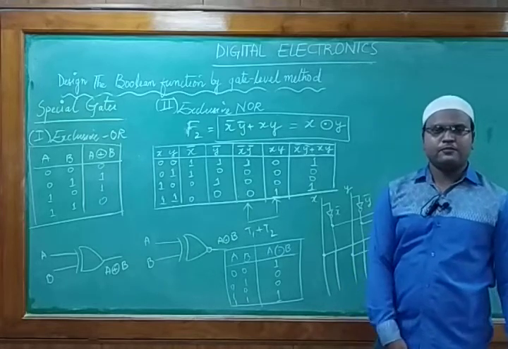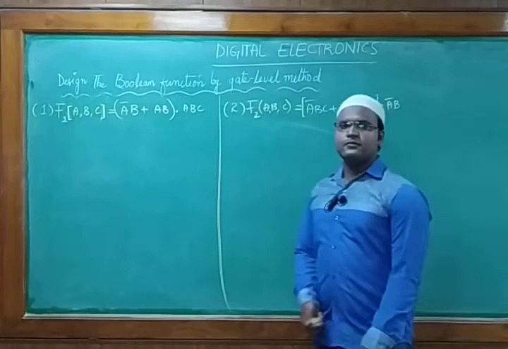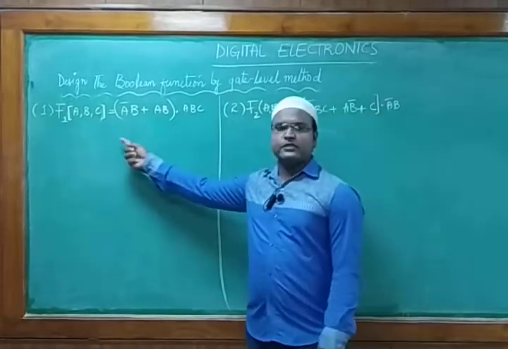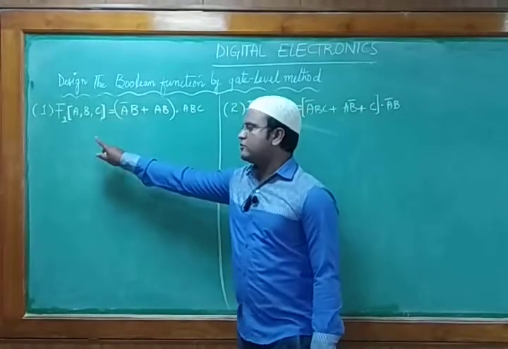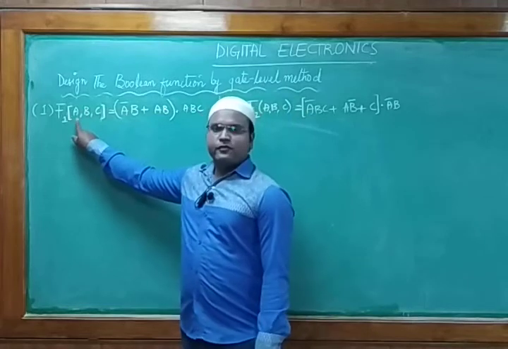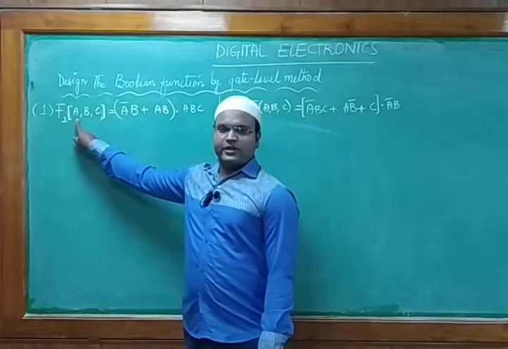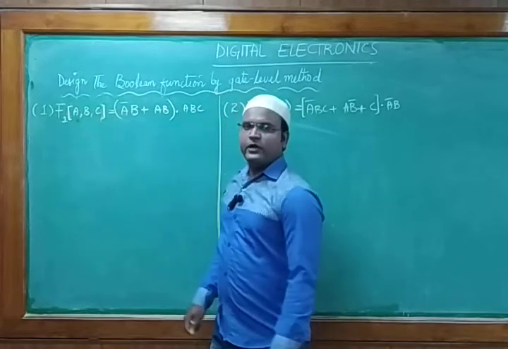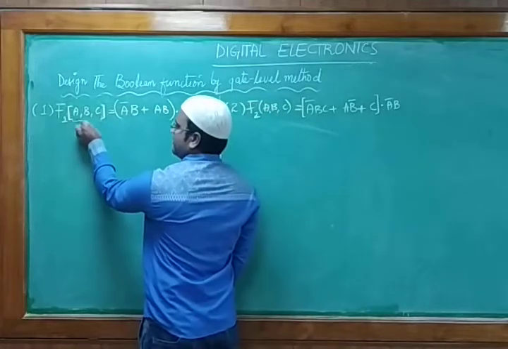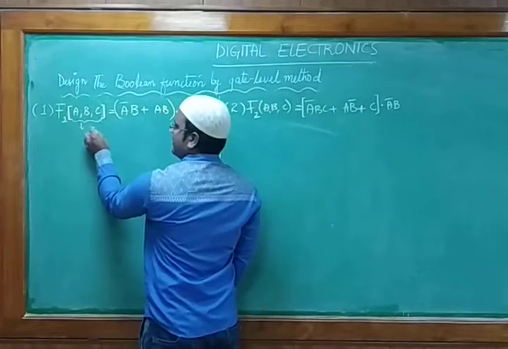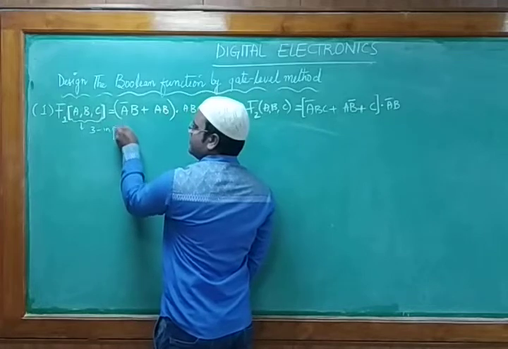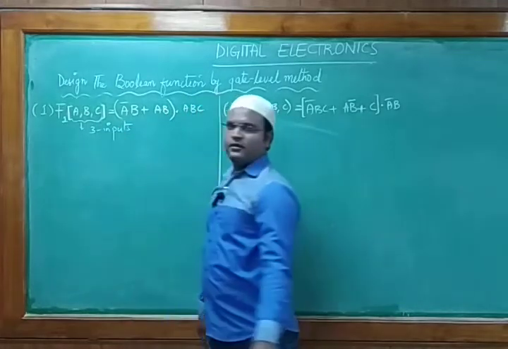Now see students, so we are taking two Boolean functions. F1 they gave you, F1 is equal to F1 of three variables, A, B, C. That means by seeing this, we can conclude that it requires three inputs. That means we need to take three different vertical lines.